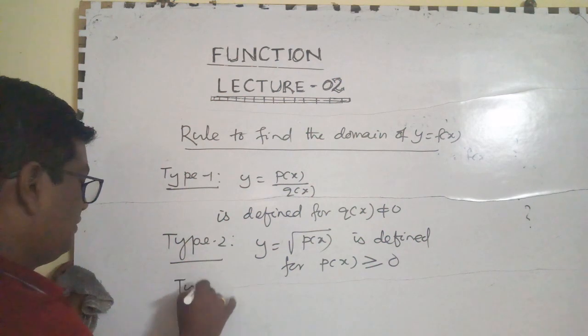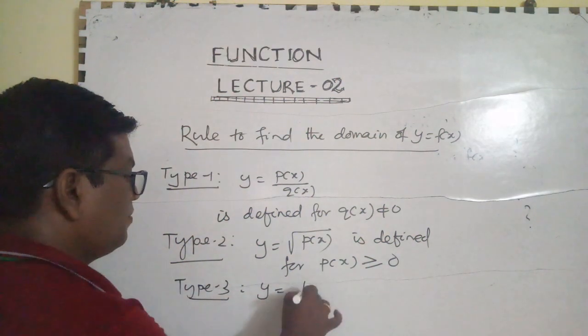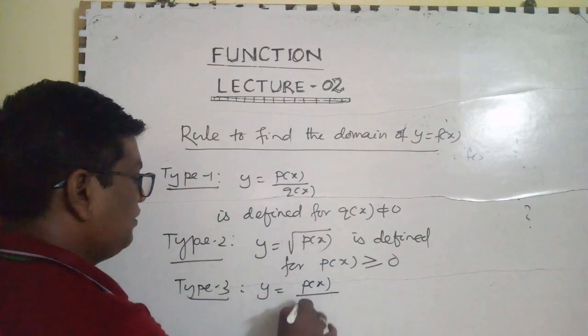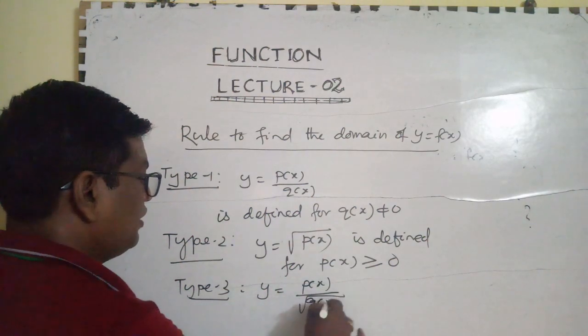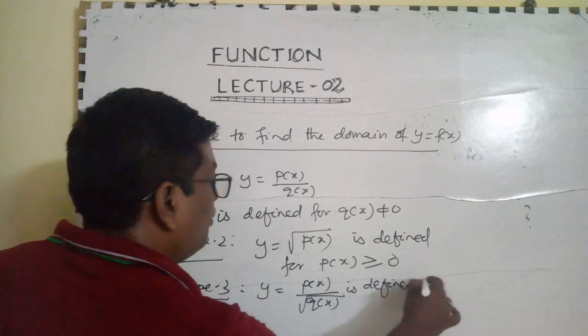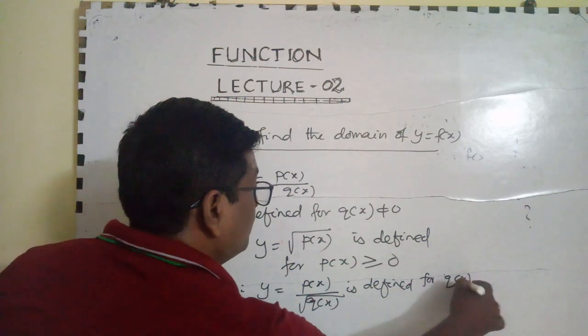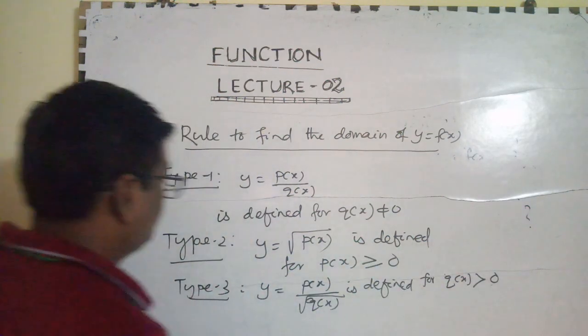Type 3: y is equal to px by root over qx is defined for qx greater than 0.